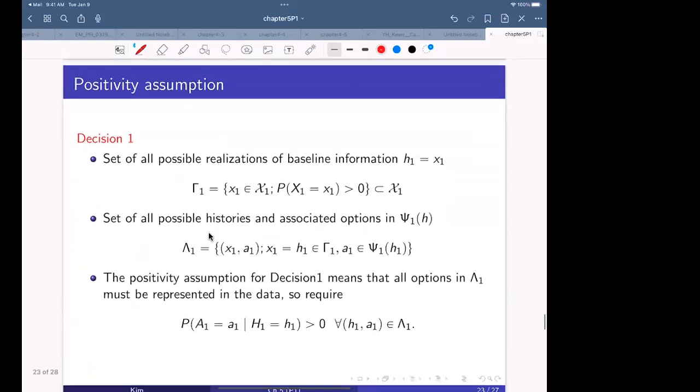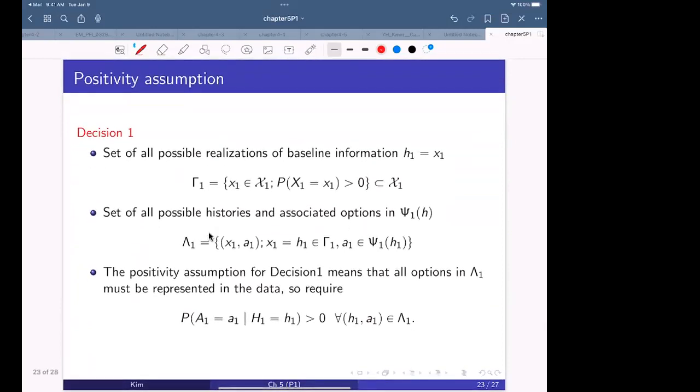Let's use the example. Remember in decision one, we already understand this positivity assumption, but this is the more formal type.